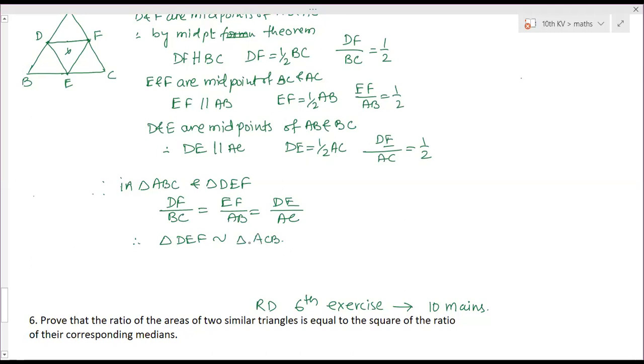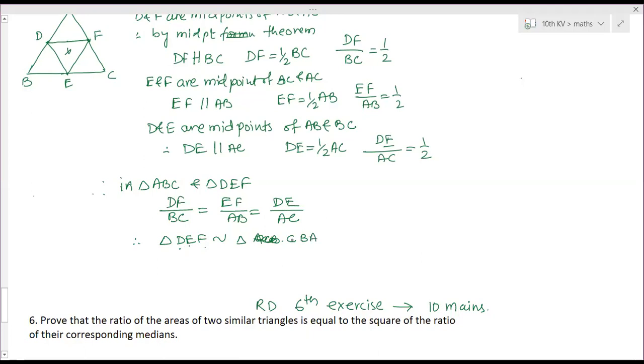DF is BC, no? So that means here DF, first and last should be BC. DE is AC, so here should be A, B. No, something like mistake. EF should be AB, like this.